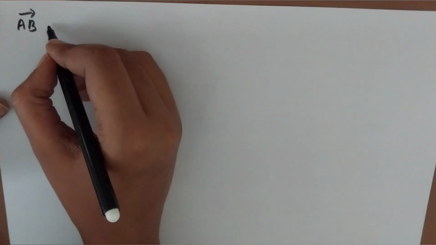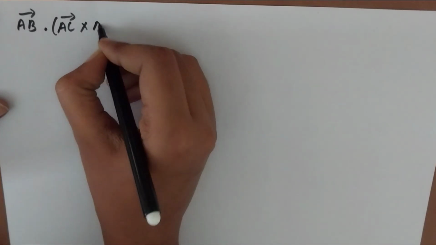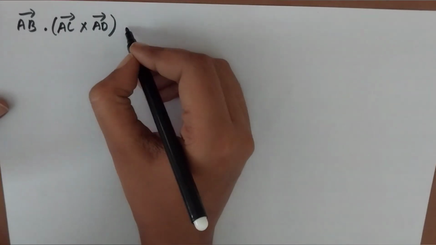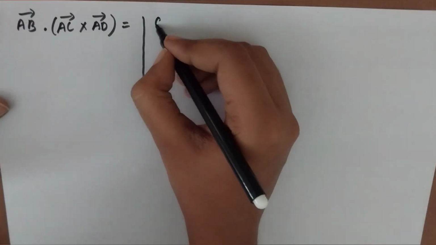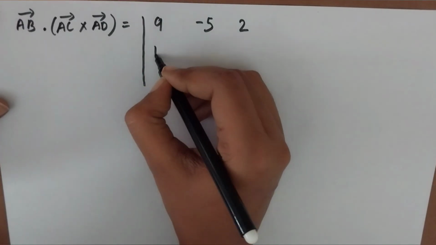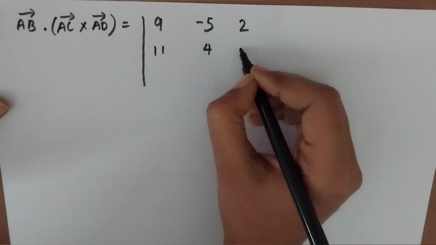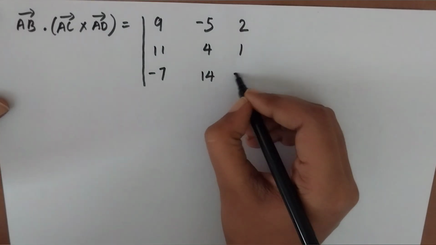Now we should find AB vector dot AC vector cross AD vector, which is equal to determinant 9, minus 5, 2, 11, 4, 1, minus 7, 14, minus 3.